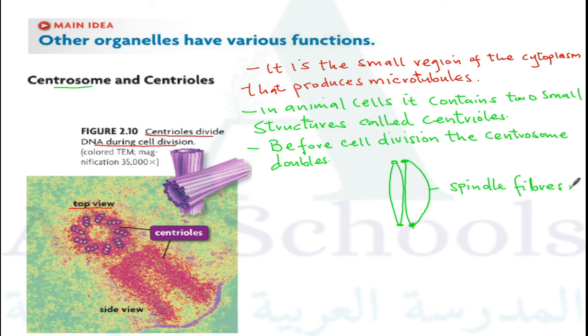Centrioles were once thought to play a critical role in animal cell division. However, experiments have shown that animal cells can divide even if the centrioles are removed.